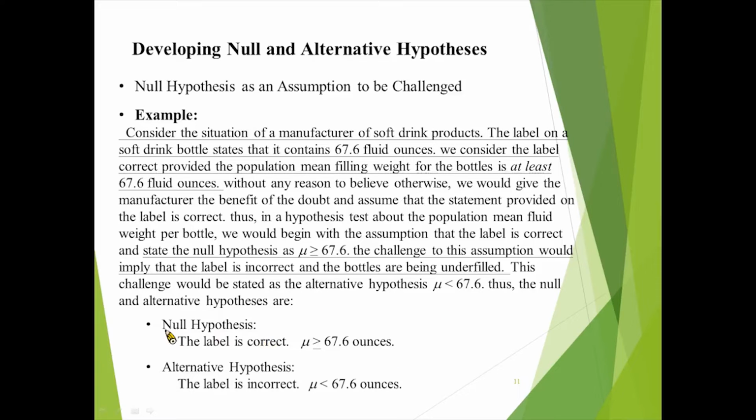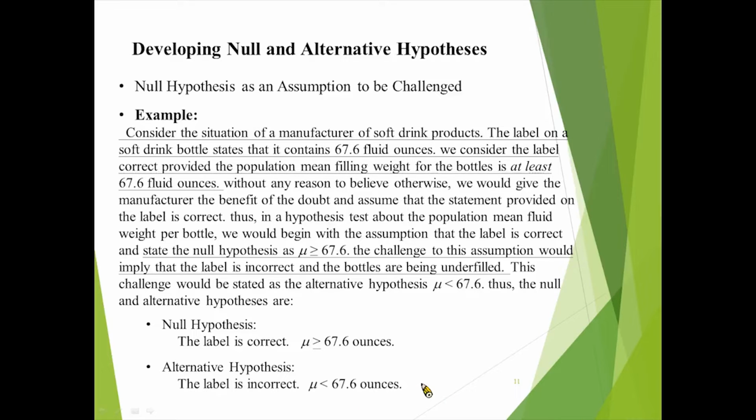Okay, so we can see the null hypothesis: the label is correct, mu is larger than or equal to 67.6 ounces, and the alternative hypothesis: the label is incorrect, mu less than 67.6 ounces.